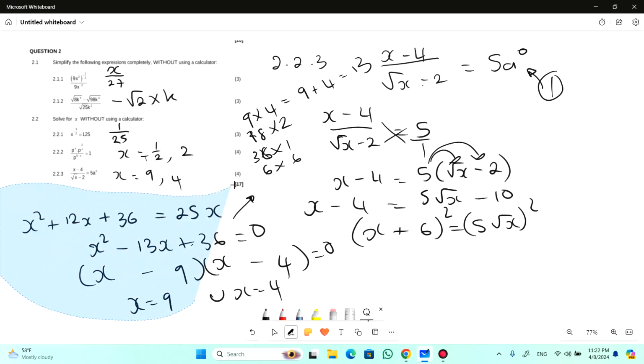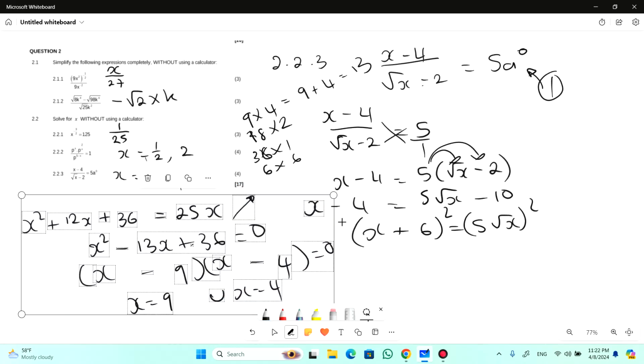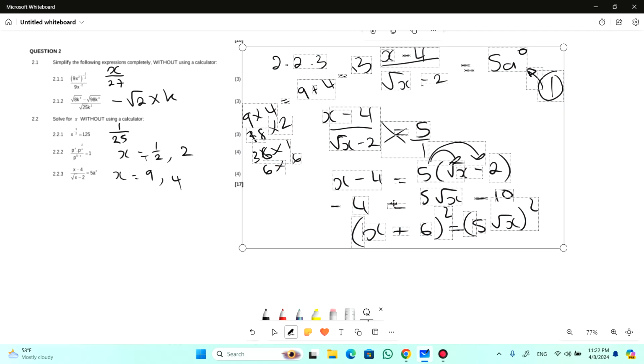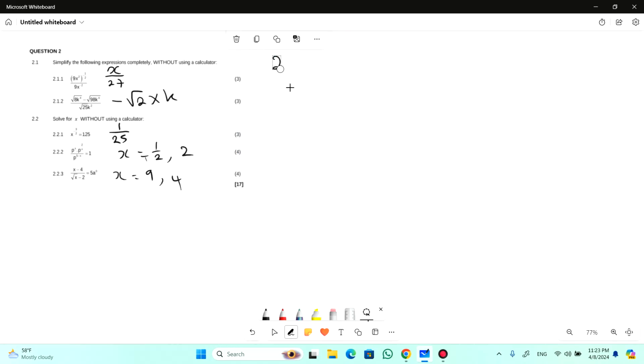Again, we can prove this by putting the x value into our original expression. So let us see.